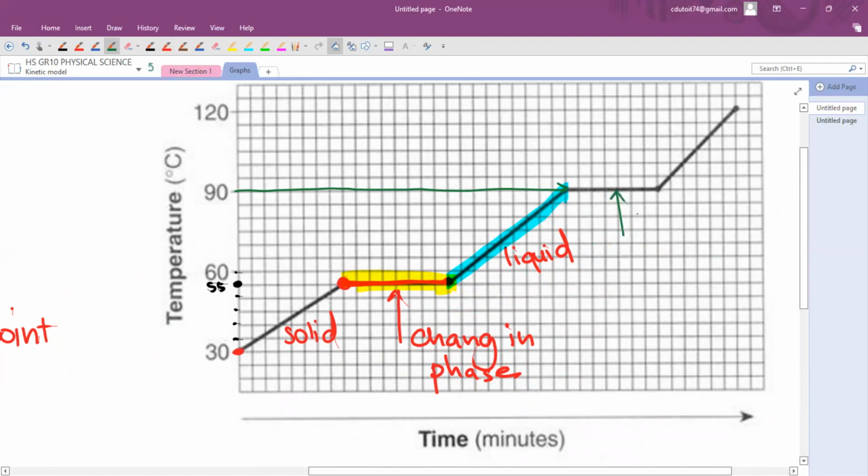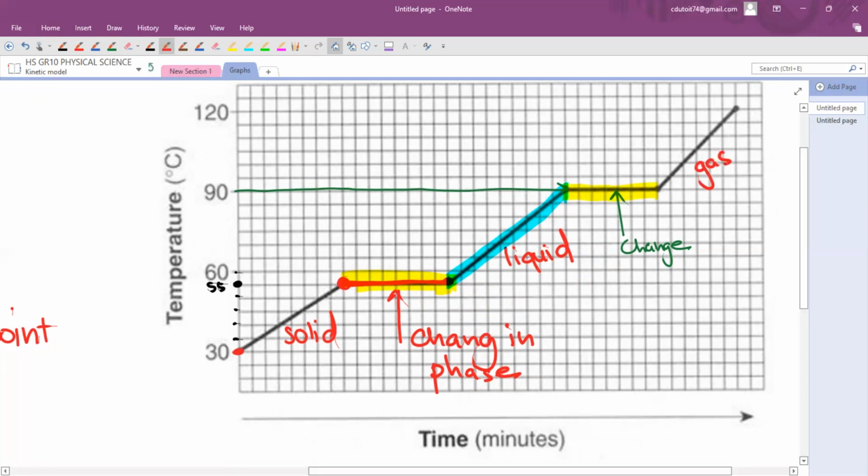So there's another change in phase. So what happens here? The kinetic energy stays constant. Your book might say that the potential energy increases, but I think they've taken that out of the books. It's not wrong. It's just not necessary. So there's another phase change. And after that, this will be a gas.